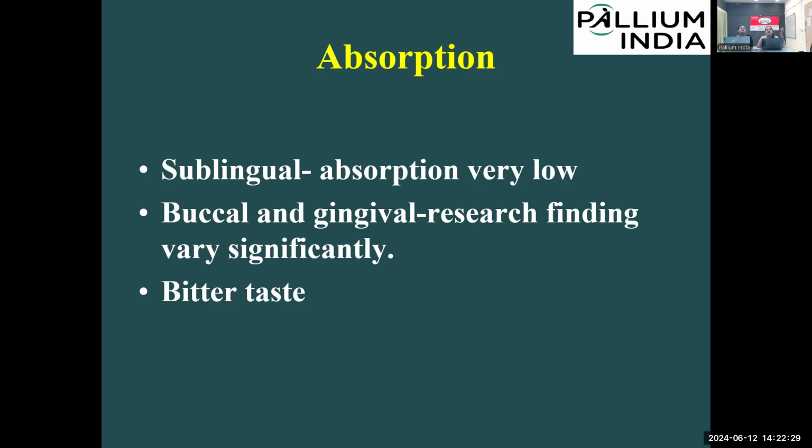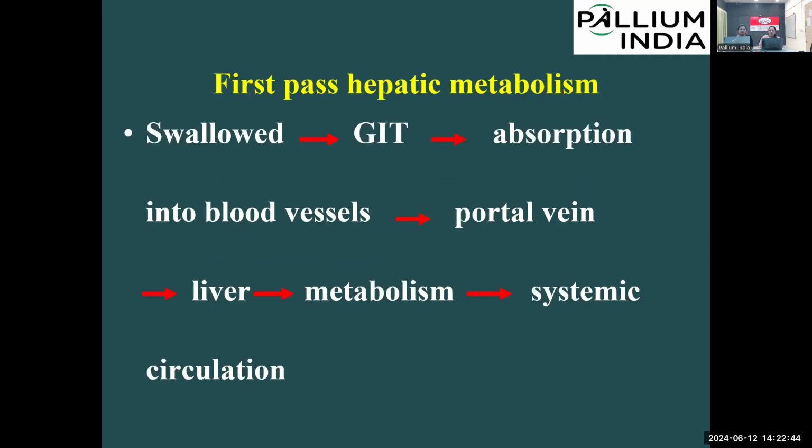And we don't have much evidence about the absorption through the buccal and gingival route. Also, morphine is found to have a bitter taste. So the oral route is the most preferred route.